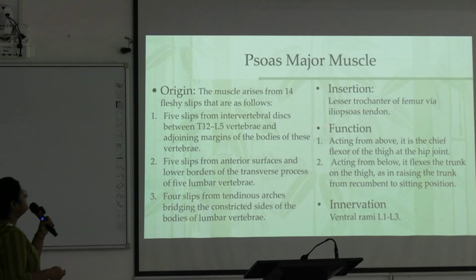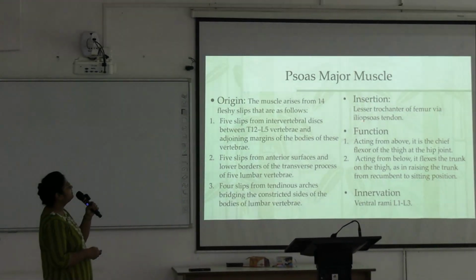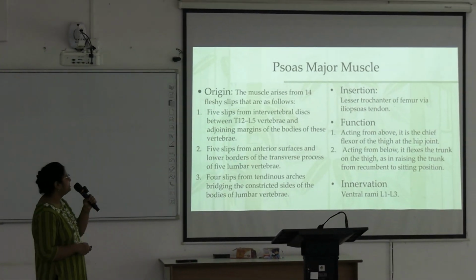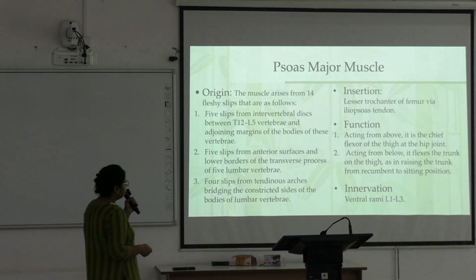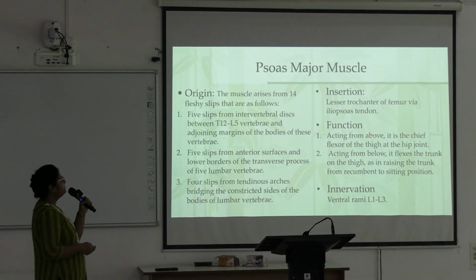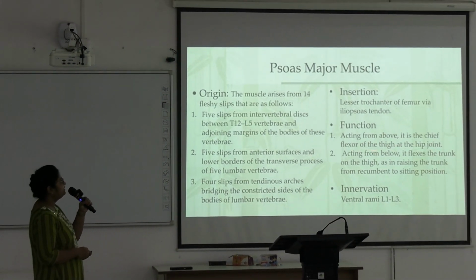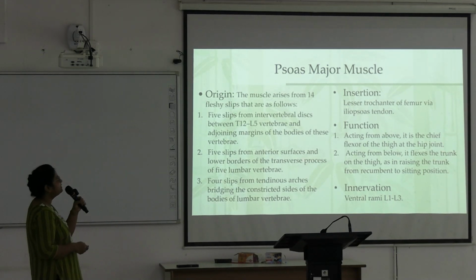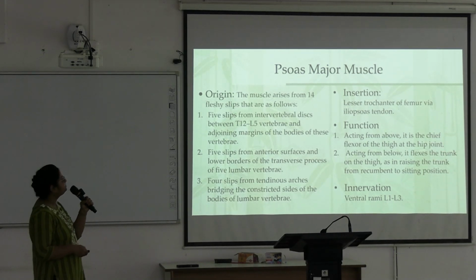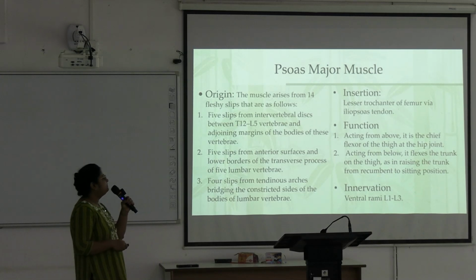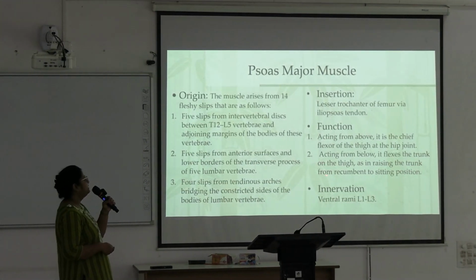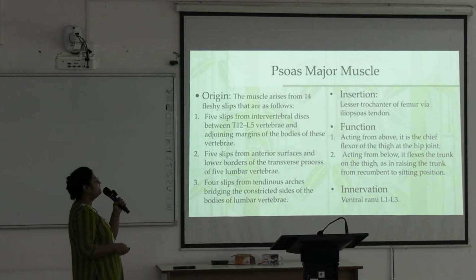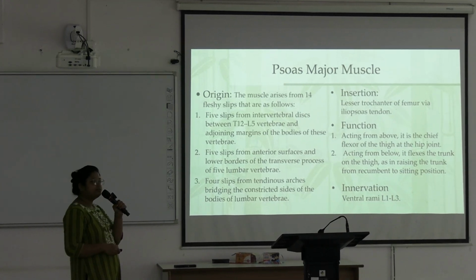Insertion is the lesser trochanter of the femur via the iliopsoas tendon. What is the function? Acting from above, it is the chief flexor of the thigh at the hip joint. Functions are important, also asked in your viva. Acting from below, it flexes the trunk at the thigh, as in raising the trunk from recumbent to the sitting position.